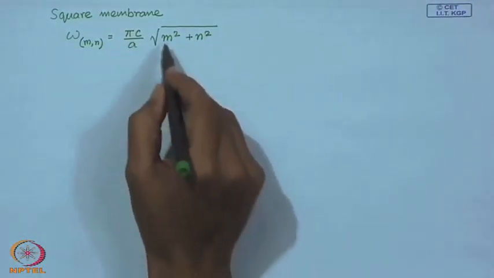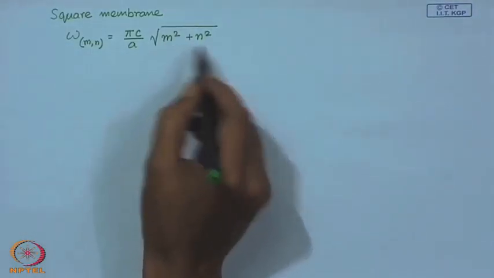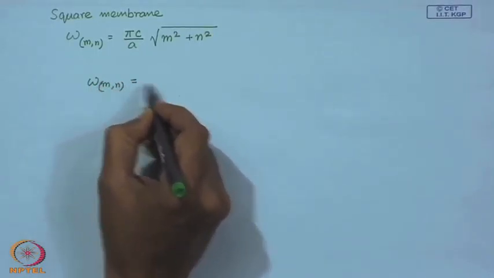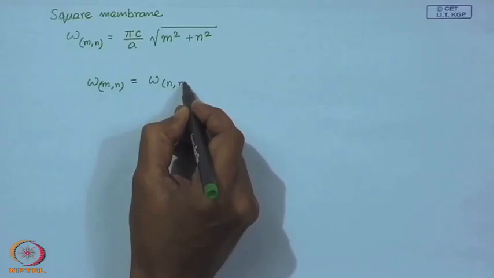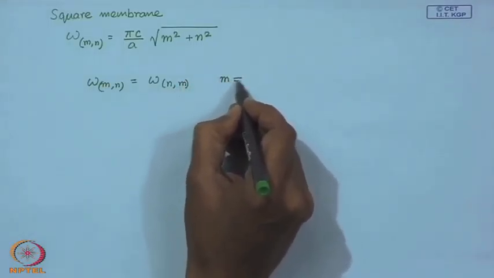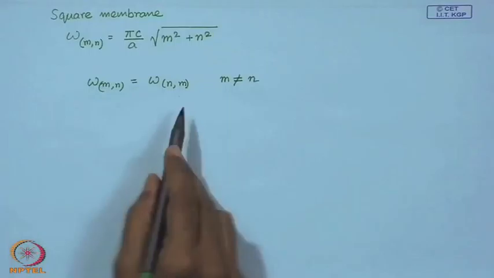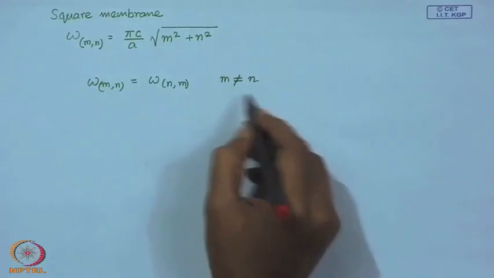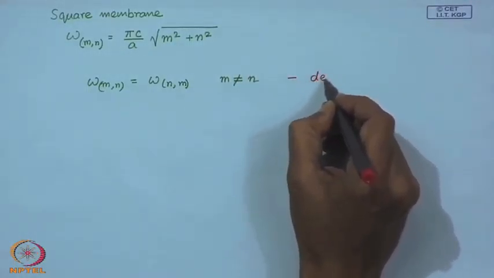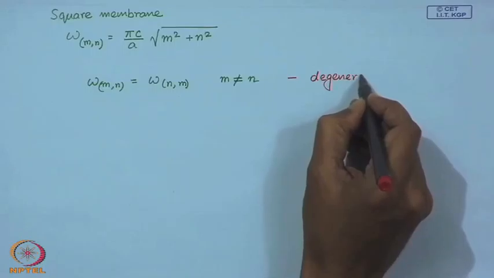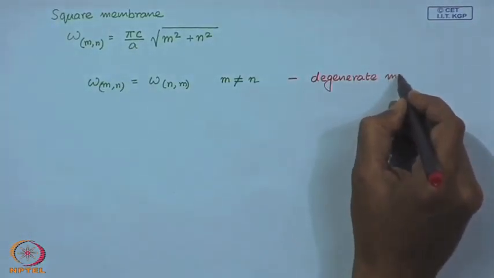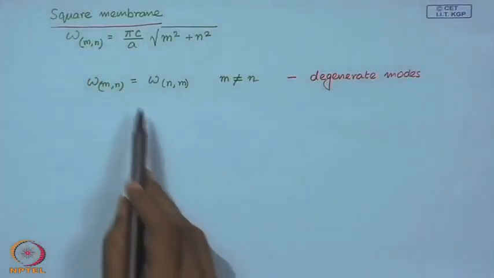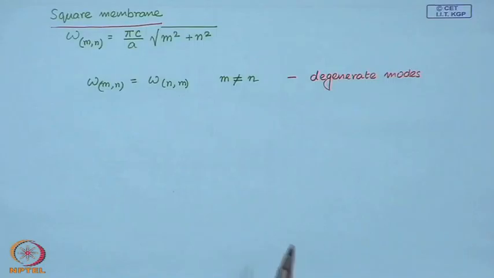So, square root of m square plus n square. So, you will find that omega m n is equal to omega n comma m, where m not equal to n, and then these are degenerate modes. So, all modes with m not equal to n are degenerate modes for the square membrane.